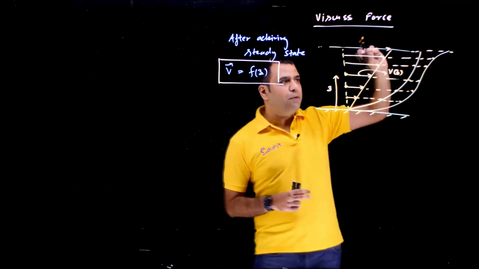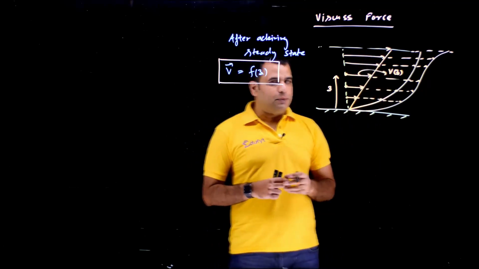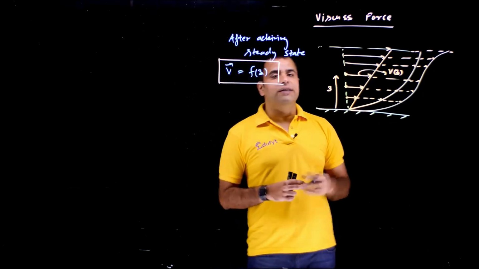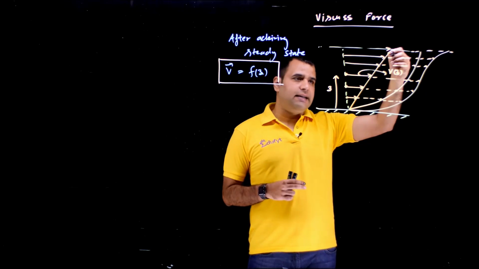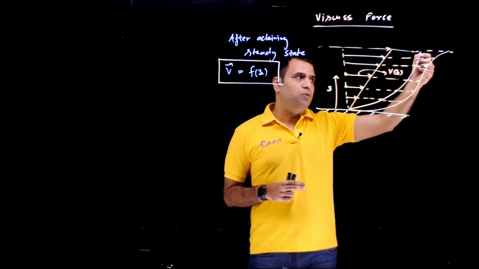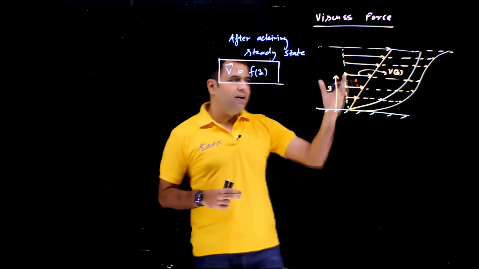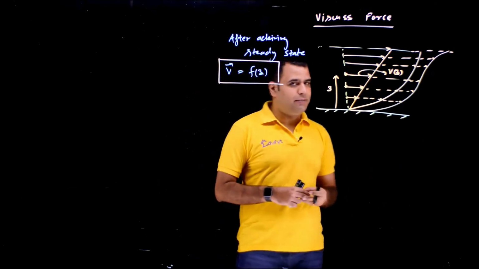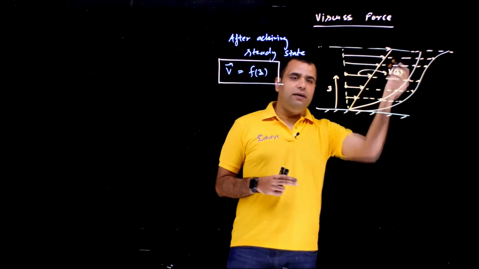When we join the tips of the arrows, we get a curve, and this curve is known as the velocity profile. This curve might be a straight line, a parabola, or some different function. It will be case to case basis. We might have different values, and we go till the topmost point.